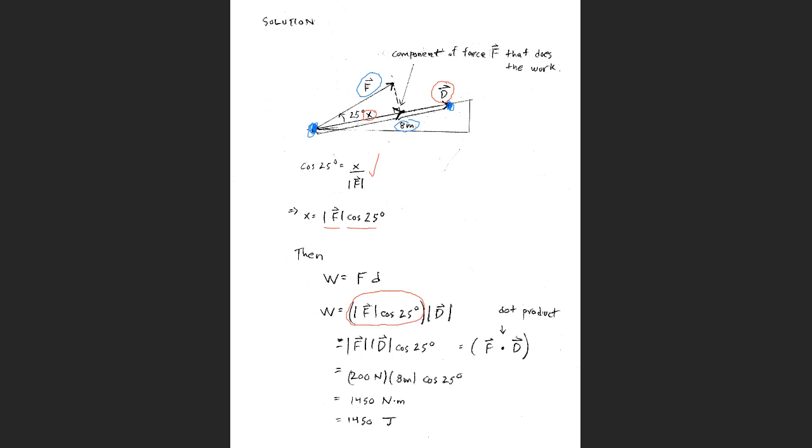It's a distance vector on the ramp. So work is equal to the magnitude of the force times the magnitude of the distance vector on the ramp times the cosine of 25 degrees.